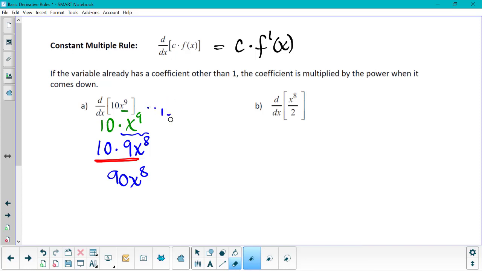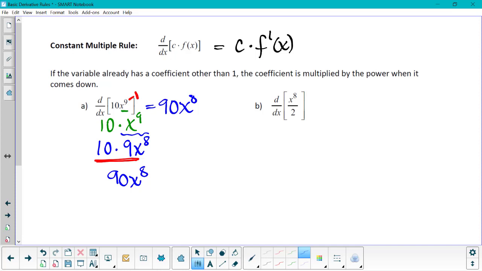We're going to just go through that all in one step. We don't want you to have to write that many times. So ultimately, you take the power times the constant. 9 times 10 is 90, and then decrease the power by 1. You can do it all in one swoop.